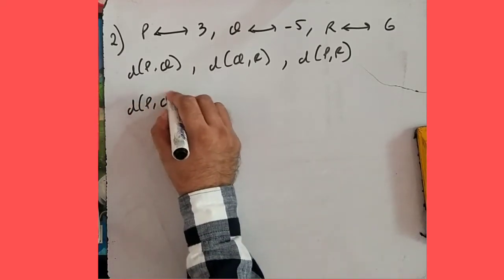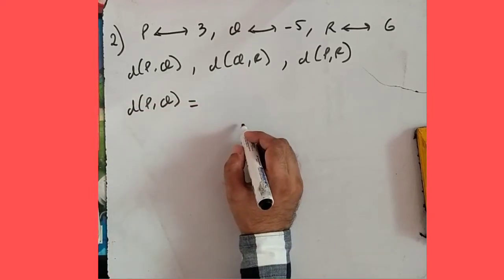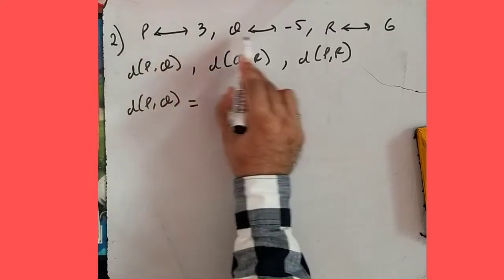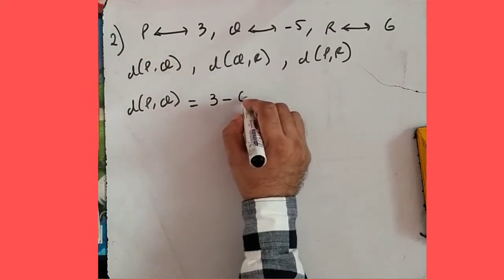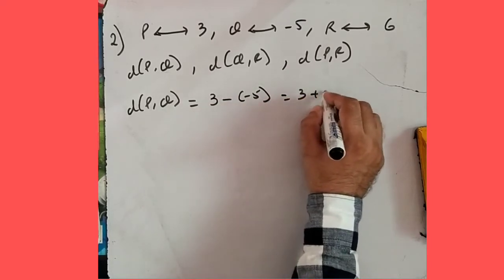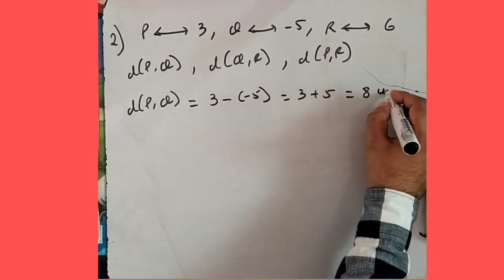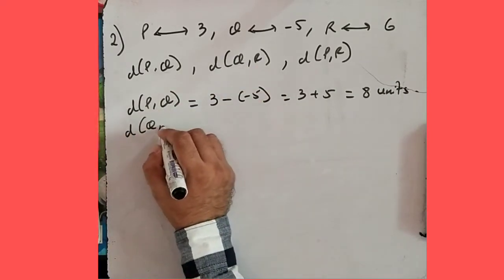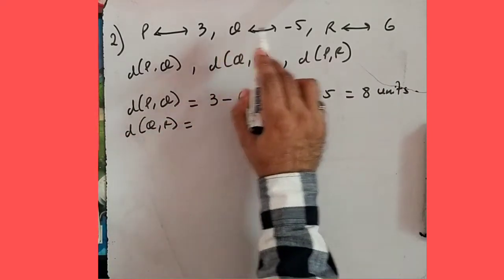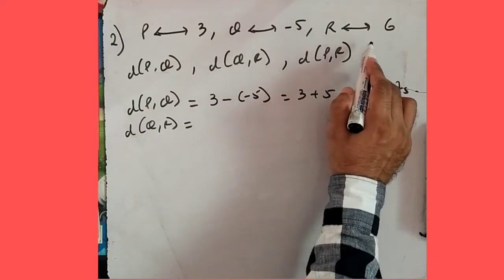How shall we find distance PQ? As we all know, the formula is higher coordinate minus lower coordinate. In P and Q, 3 is the bigger coordinate. So 3 minus -5, which becomes 3 plus 5, 8 units. Second, distance QR. In Q and R, 6 is the bigger coordinate.